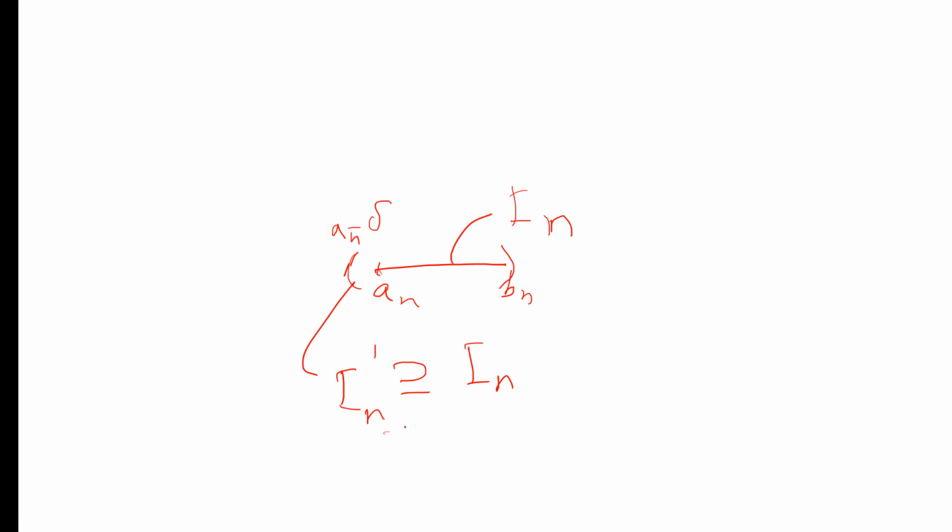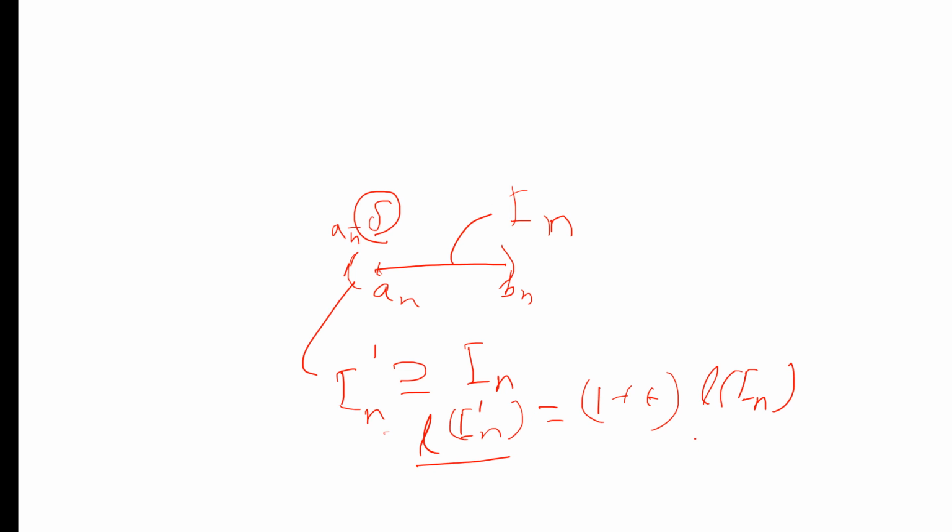And then the length of the interval I_n prime is equal to 1 plus epsilon times the length of I_n, like this one. So you can choose this delta so that this length is a multiple of 1 plus epsilon times this one.